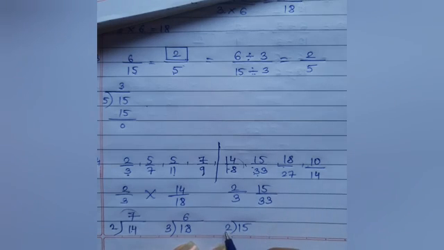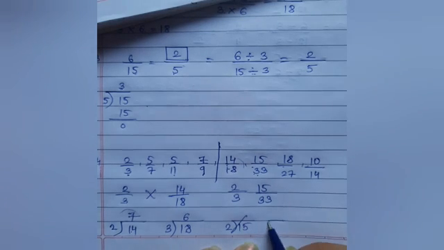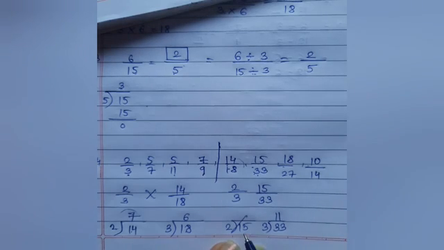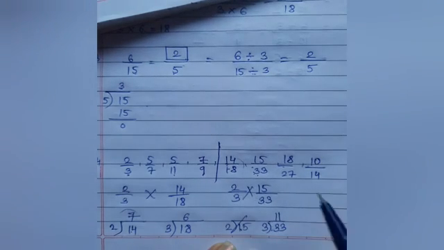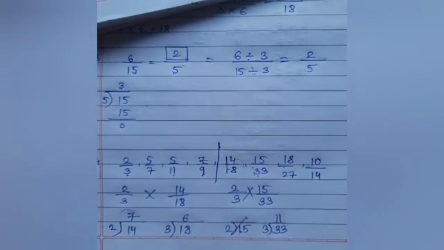In the table of 2, 15 doesn't appear, so it is not applicable. Again, in the table of 3, 33 appears at a place of 11. But since the numerator is not applicable, this fraction is not equivalent to 2 upon 3.